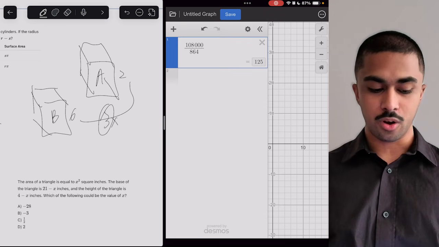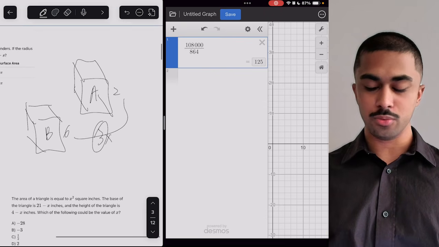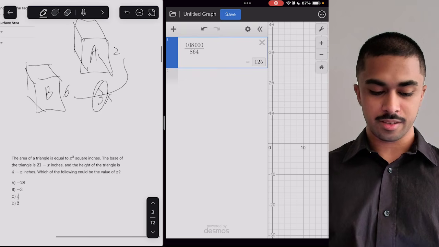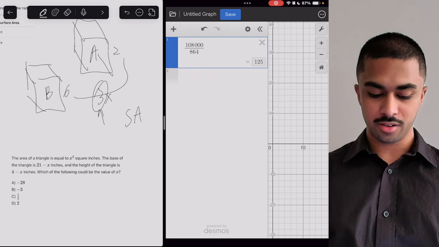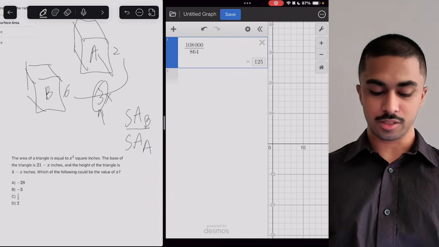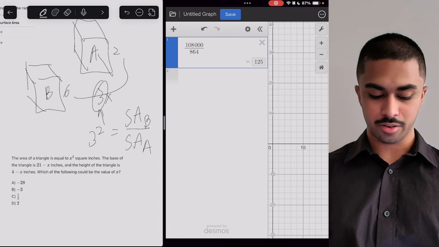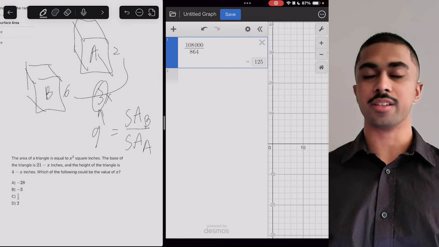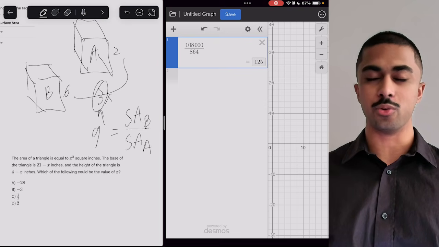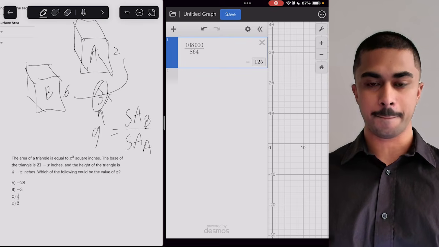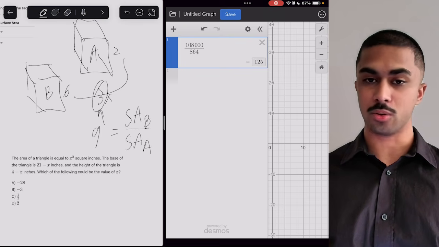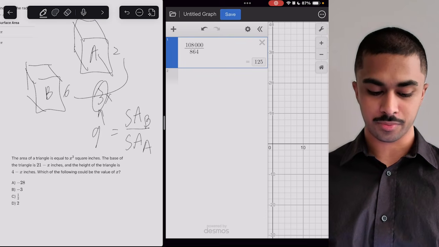All you need to know is that because the scale factor is 3, the surface area of cube B to the surface area of cube A is going to be 3 squared, which is 9, meaning the surface area of cube B is going to be 9 times as large as the surface area of cube A, even though the sides are only 3 times as large.